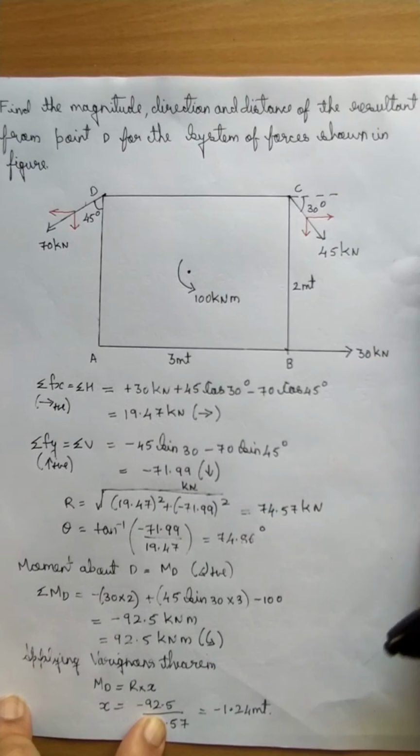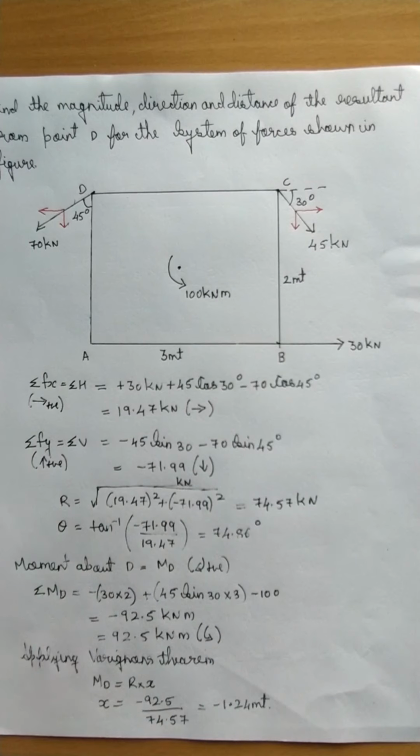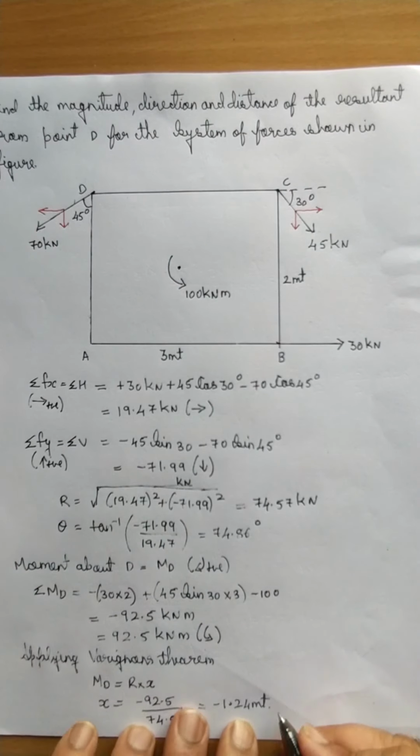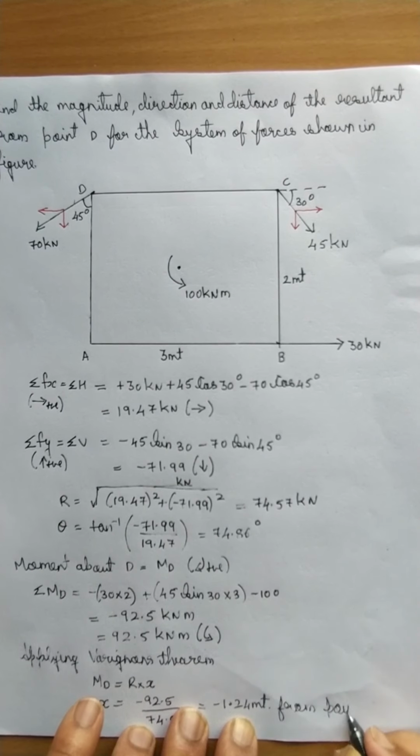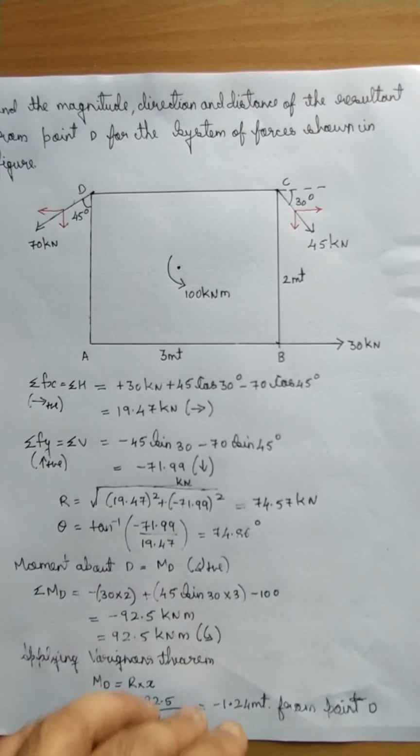The meaning of minus is that wherever the point we have considered, the resultant is in the downward direction. So this is x from point D. Let us mark the resultant.